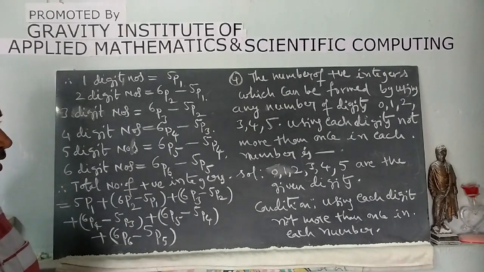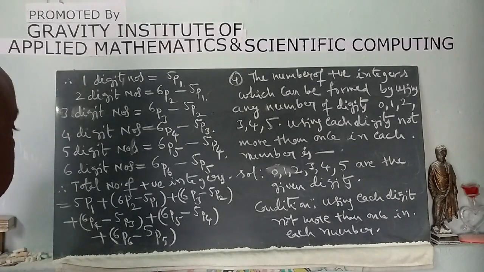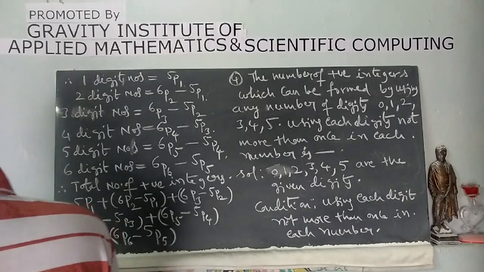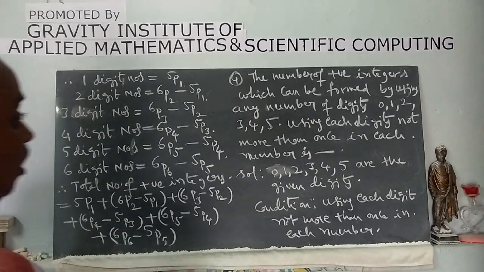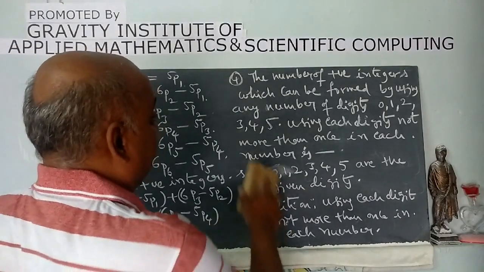Here nPr is the permutation, the number of arrangements of r objects out of n objects taken at a time.